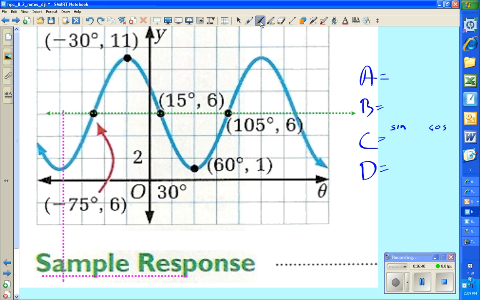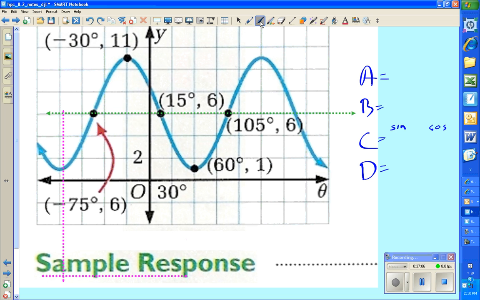Okay. Think about another way that you could get it. And what's the maximum value? Look at the coordinates of the points. Do you see the highest point on the graph anywhere? Do you see what the maximum value for that point is?